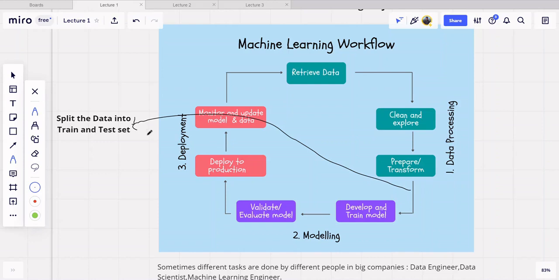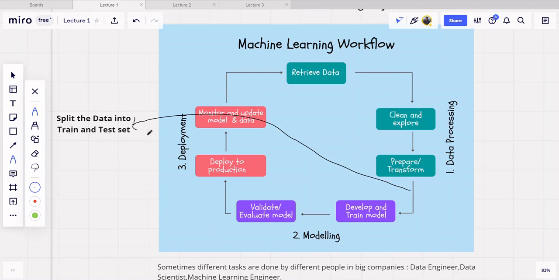The reason that we divide this data is that we want to evaluate how the model works on data that it has never seen before. So let's say out of the data of the 1,000 credit card users, we use 80% of it for training, and we use 20% of it for testing.